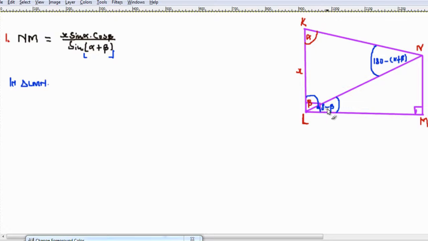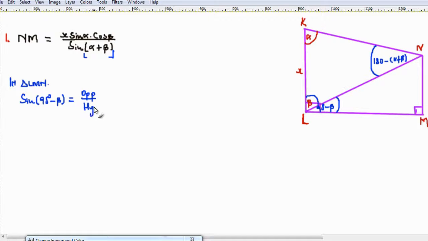So this one should be 90 minus beta. Then this length MN is the opposite side, so I calculate the trig ratio of sine of this angle, 90 minus beta. Sine of 90 minus beta should be opposite over hypotenuse.